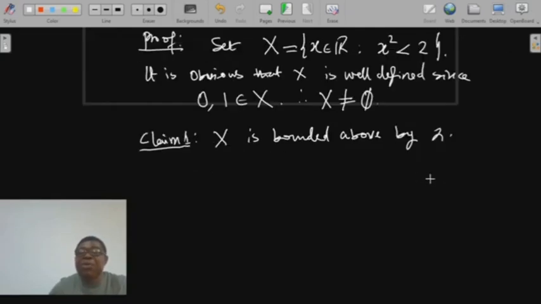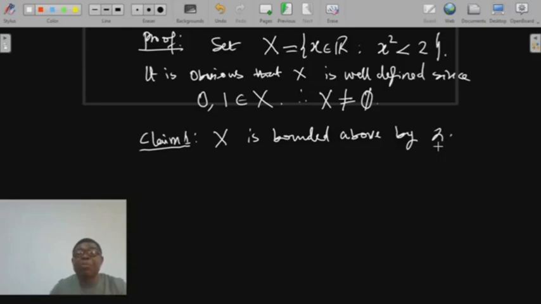If we're able to get that X is bounded above by 2, it means that X must have a supremum.